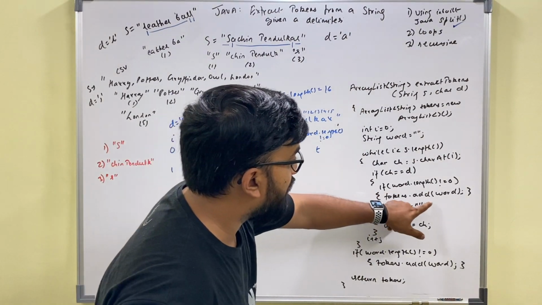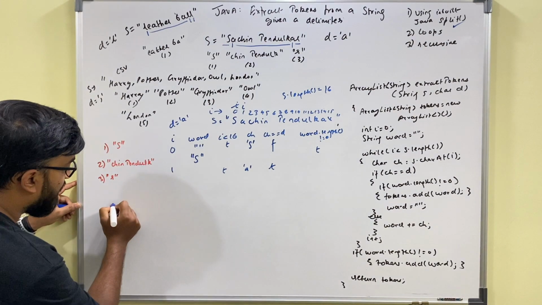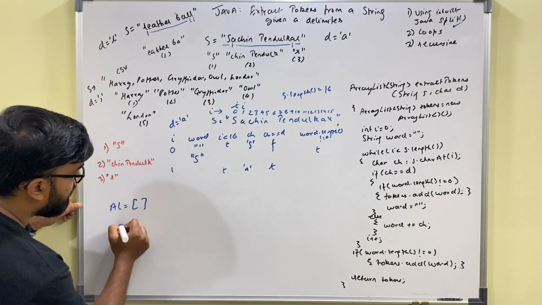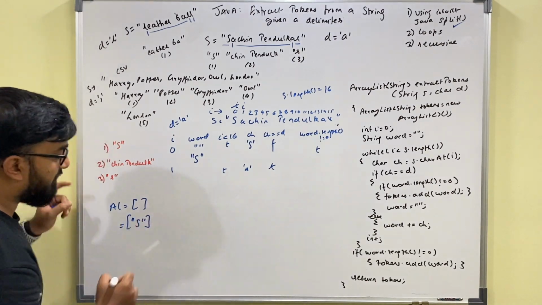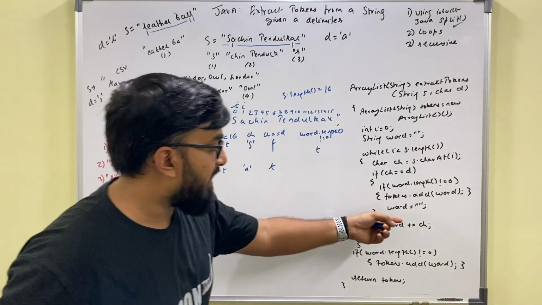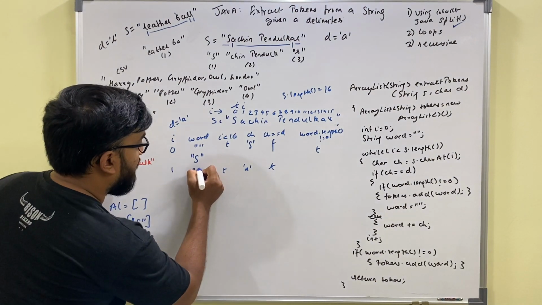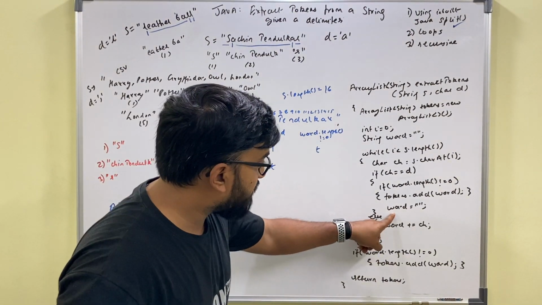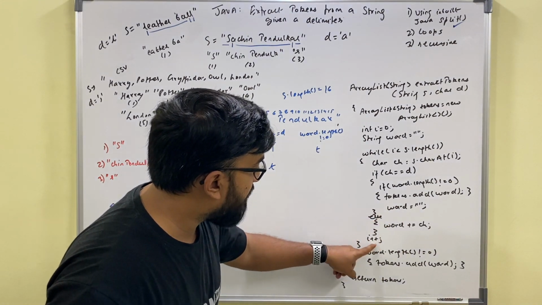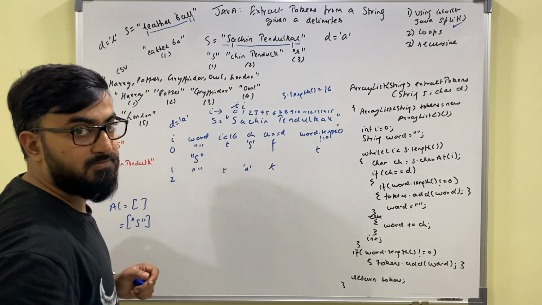You come inside and do tokens dot add word. So my array list now contains this single word, and my word is set to blank. This if part ends, you come here, i plus plus, i becomes 2.